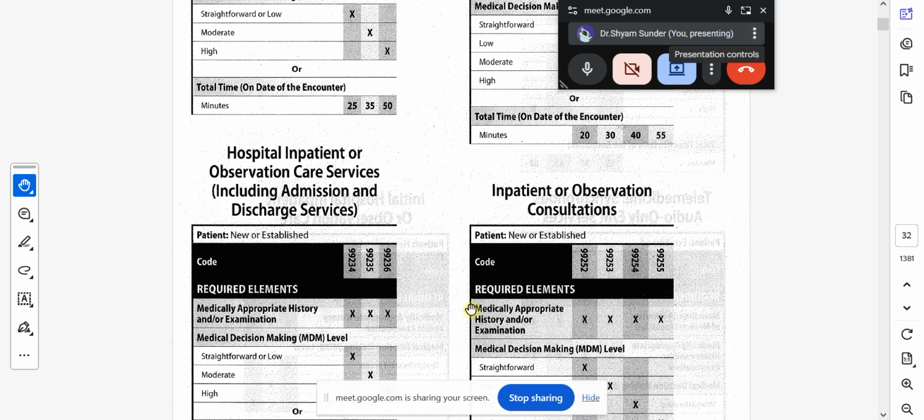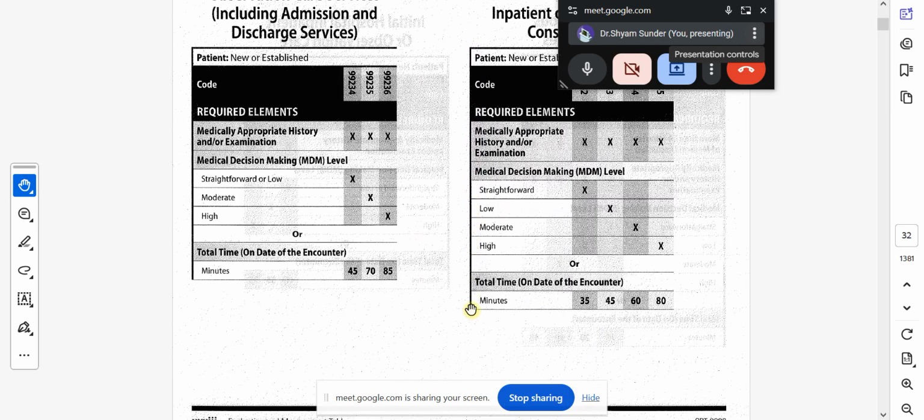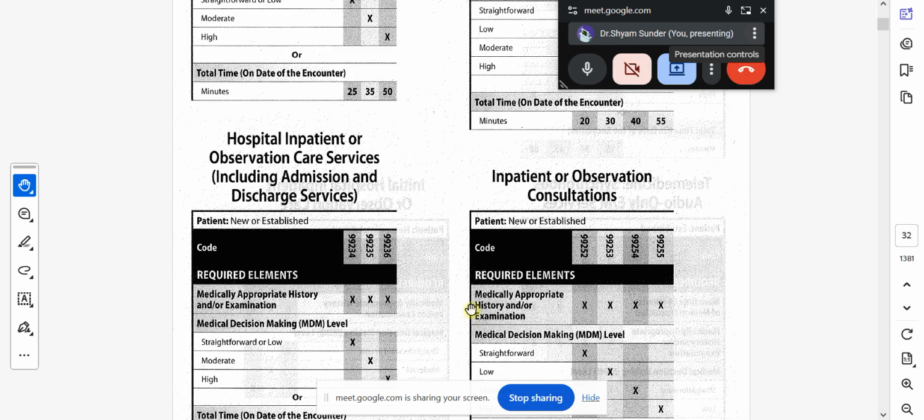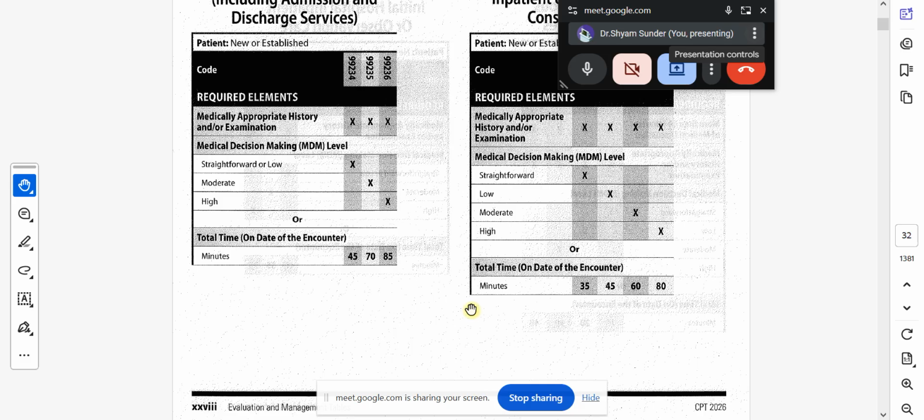The difference for the third, I got an idea, discharge services, but for the first and second, what's the difference? Initial and subsequent nursing facility care. Right. So we discussed this on the very first day. In case of outpatient, you consider whether it is new or established.